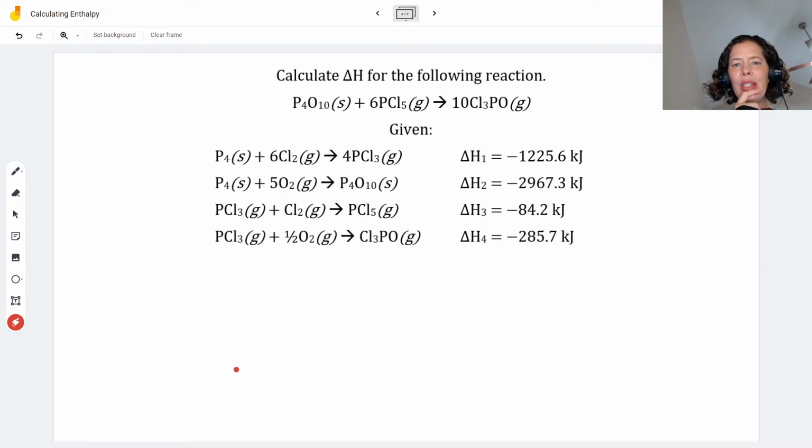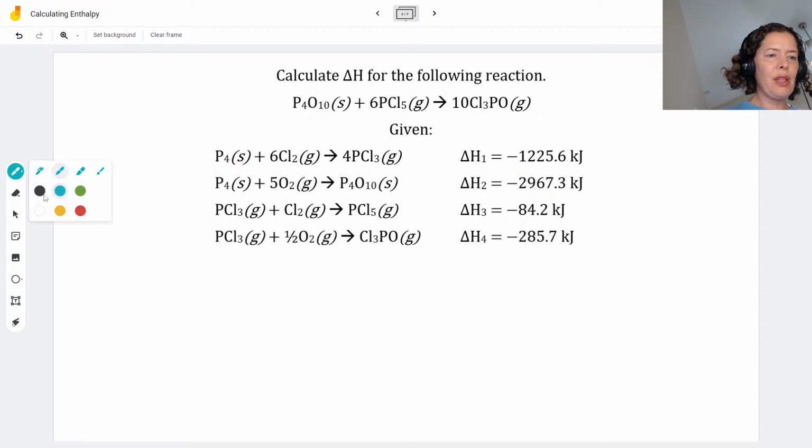So what I'm seeing first here is that I really want to reverse a reaction because I'd really like to get rid of this guy right here. So I think for my first step, I am going to reverse this top reaction. Okay, so this becomes multiplied by -1.